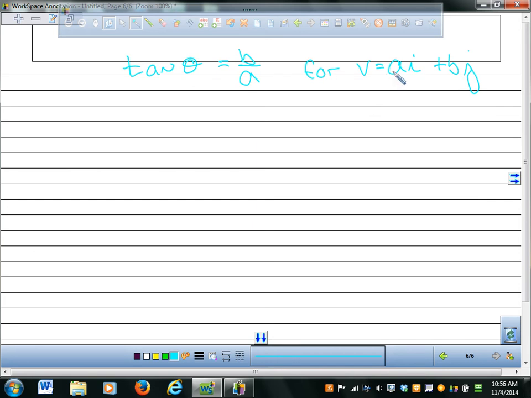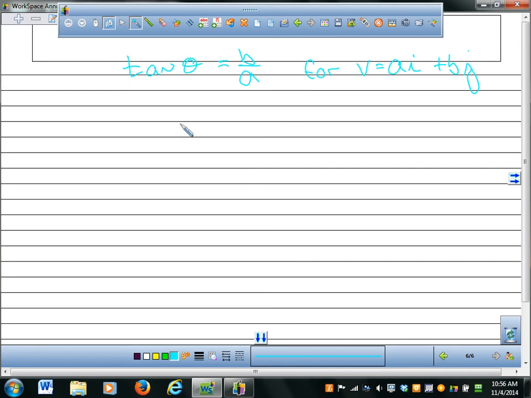Okay, so this is the number in front of the i, and this is the number in front of the j. And this tells you how to find the angle given something that's in IJ form or in component form.